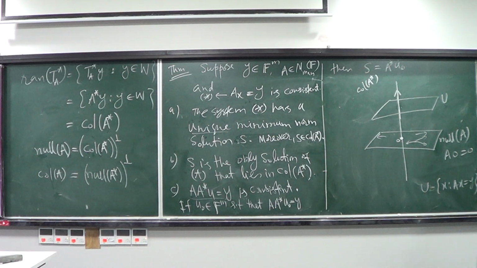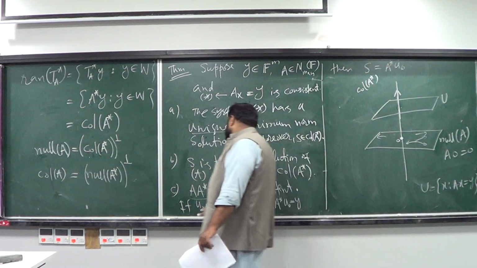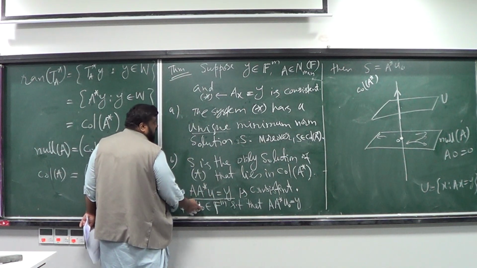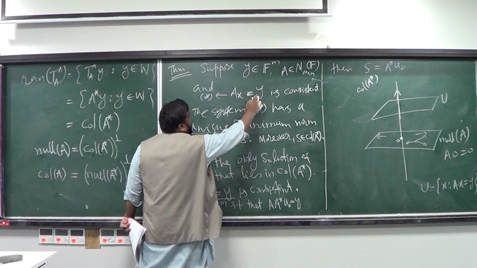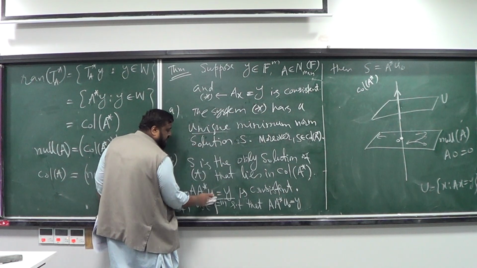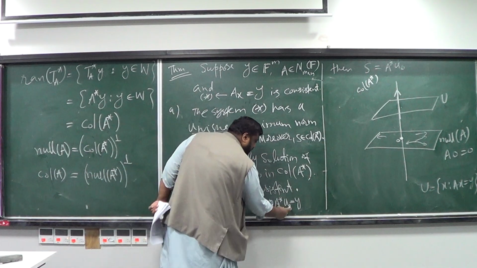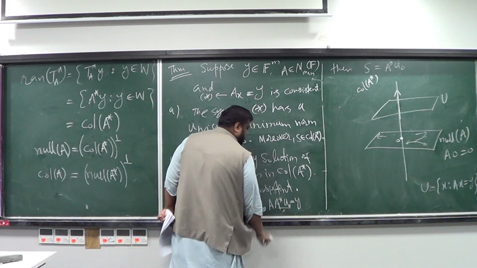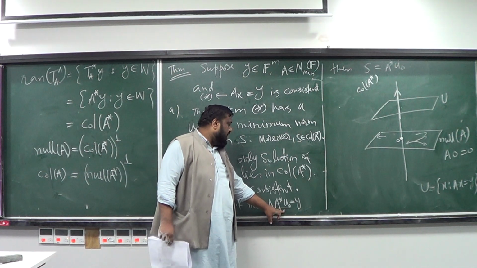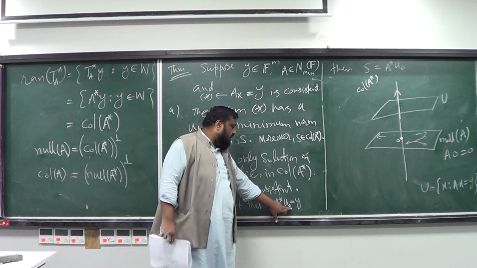By the way, this U0 is not only a solution of this, but U0 is also a solution of Ax equal to y if you take this to be your x actually. So one such x is really this A star U0.